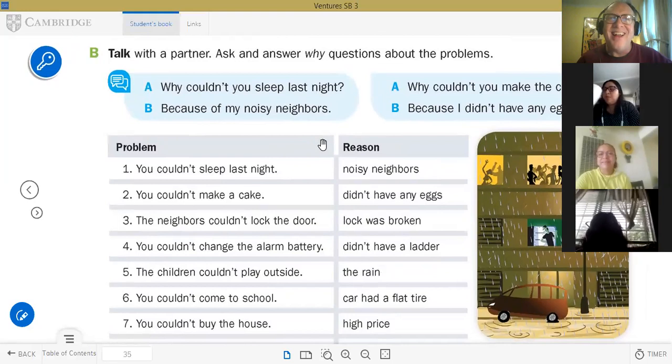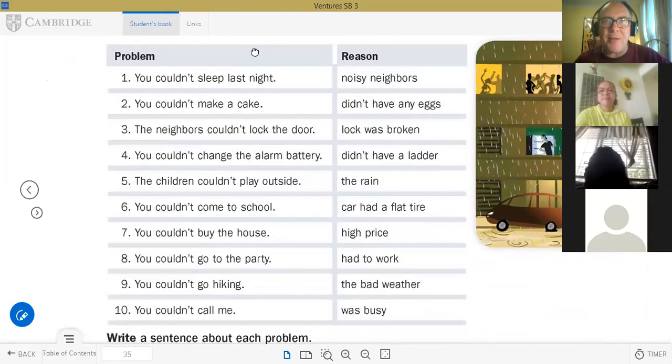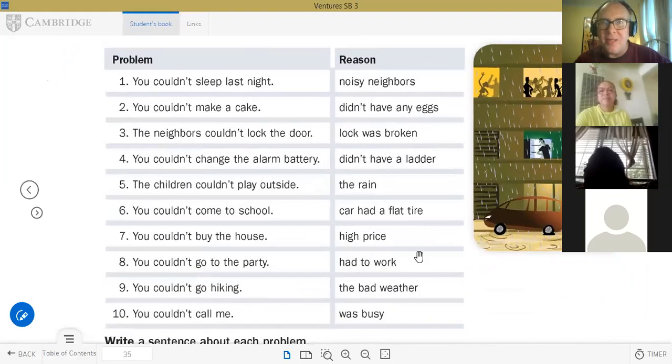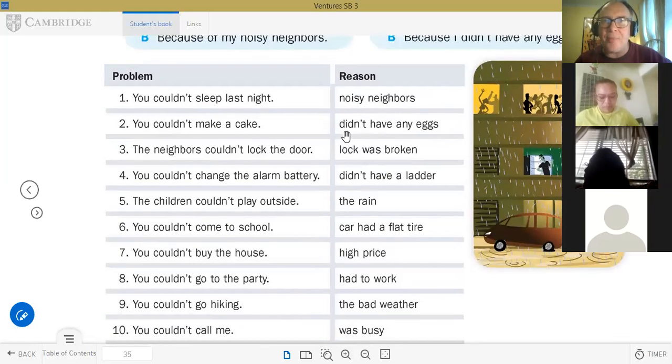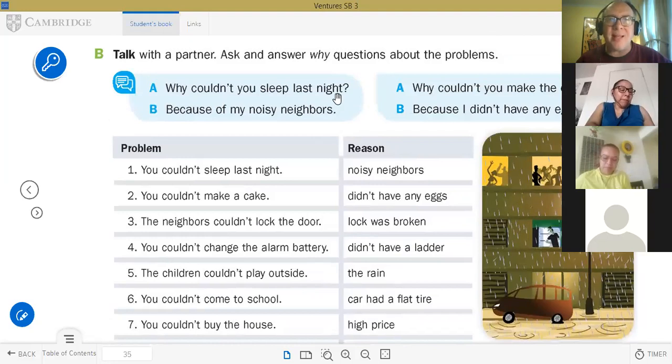All right. So notice you have 10 problems and 10 reasons. Sometimes the reason is a noun, like in number 1, noisy neighbors. Sometimes the reason is a verb, like in didn't have any eggs. So, for example, why couldn't you sleep last night?